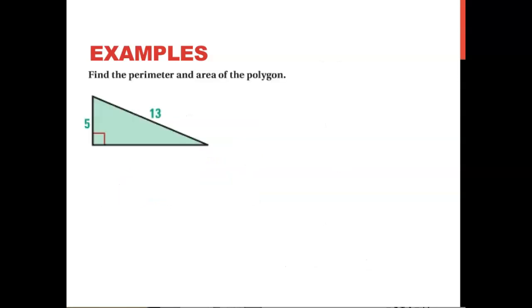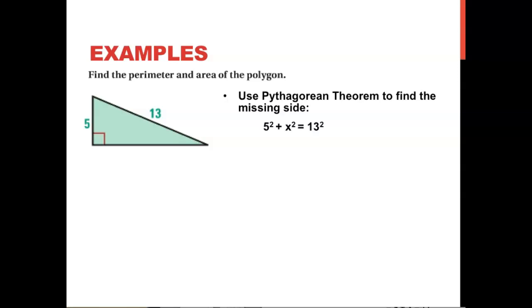Alright, here's our next example. Find the perimeter and area of the polygon. First we notice that we have a triangle. It's a right triangle. To find the perimeter, we need to know what that last side is. So we can use the Pythagorean theorem, since we have a right triangle, to find the missing side. That would be 5 squared plus x squared equals 13 squared.